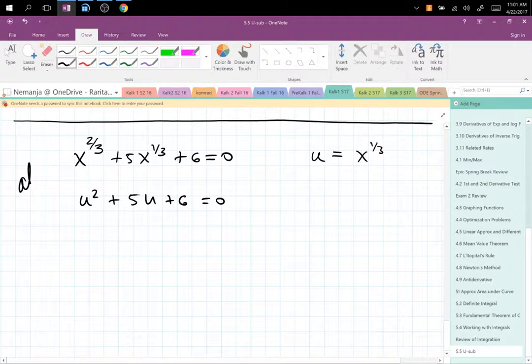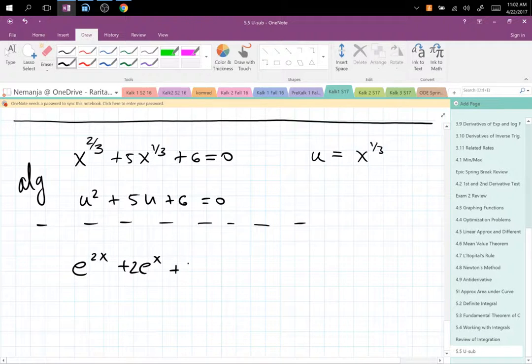That was algebra, and then there was another one in your pre-calculus 1 class, which had the same thing, e to the 2x plus, let's say, 2e to the x plus 1 equal to 0, where you said u equals e to the x, and then you were getting your u squared plus 2u plus 1 equal to 0, right?